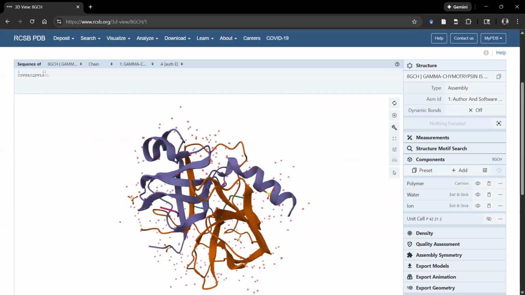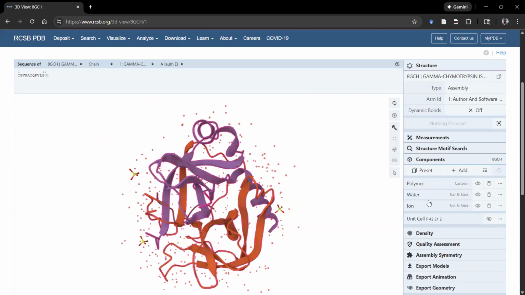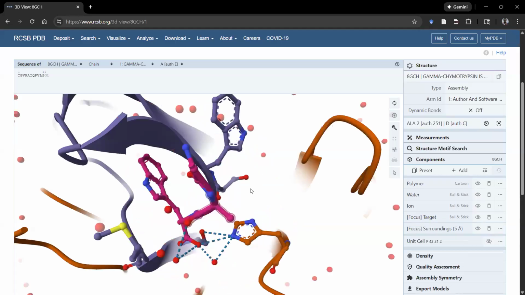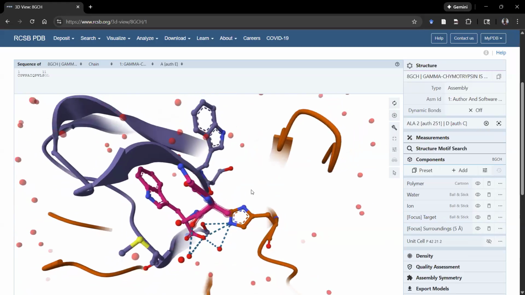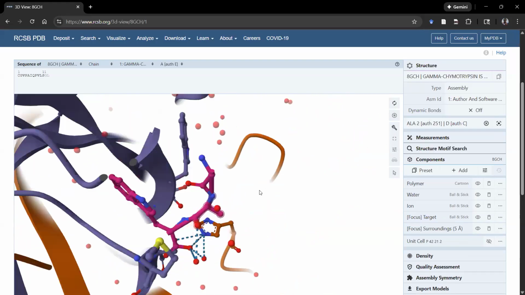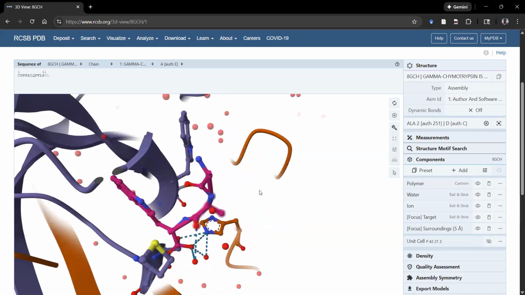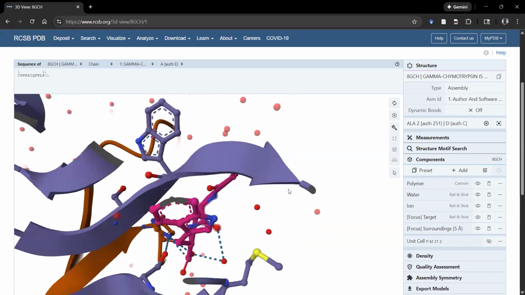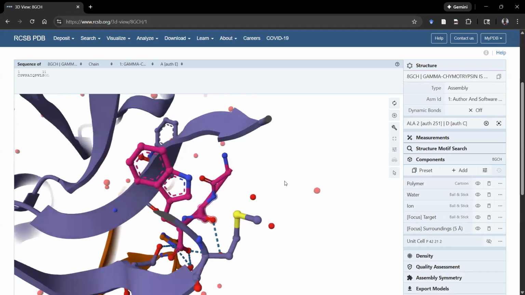Let's see if I can find the molecule. Yeah, so here's a molecule here. This is the leftovers of one of the substrates. It's already cleaved it. And I don't know where the other cleaved component is, but it has a tryptophan in it.